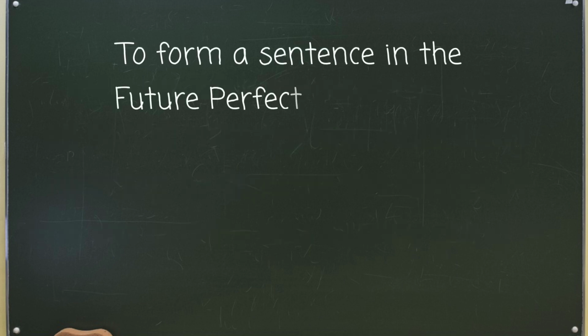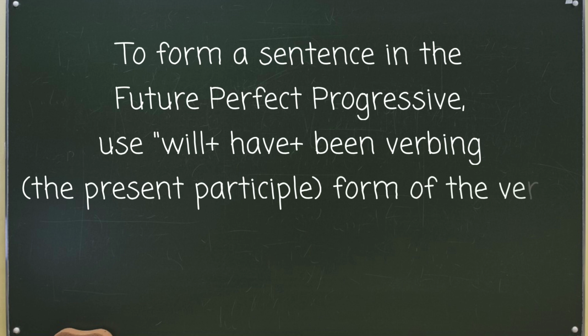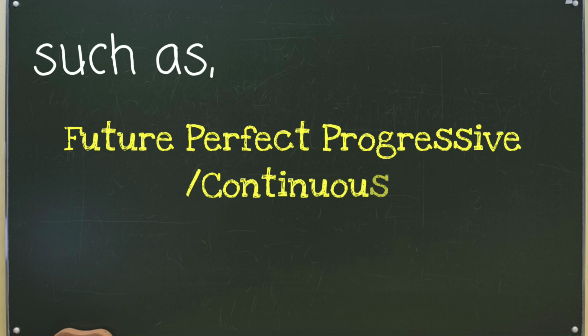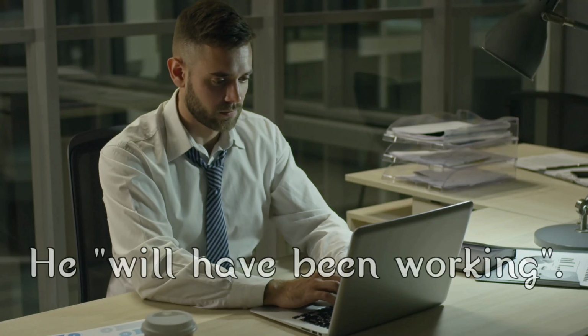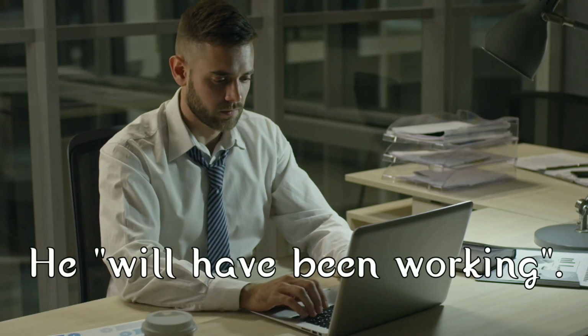To form a sentence in the future perfect progressive, use will plus have plus been plus the verb's present participle, such as future perfect progressive or continuous: will plus have plus been plus verb plus ing. For example, he will have been working.